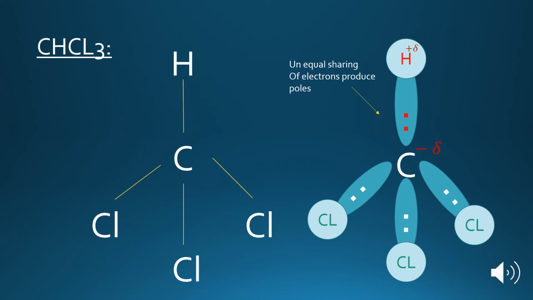Friends, remember that if similar atoms are attached to the central atom, there will be no electronegativity difference and the net dipole moment will be zero. And if dissimilar atoms are attached to the central atom, as in the case of CHCl3, it must result in some dipole moment value.